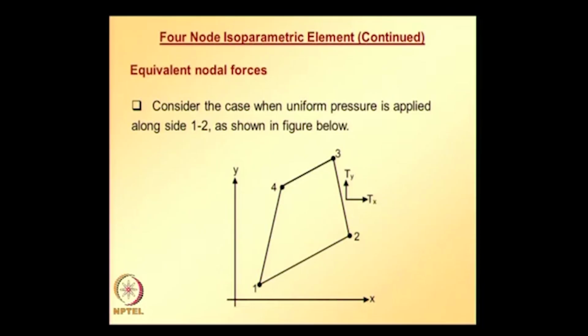So, along this side 1 2, shape functions N1 and N2 are the only shape functions which are non-zero, and N3 and N4 are 0. Also, since there are only 2 nodes along side 1 2, the shape functions of nodes 1 and 2, that is N1 and N2, are going to be linear functions.